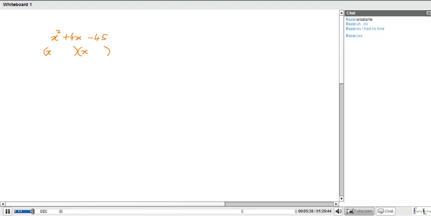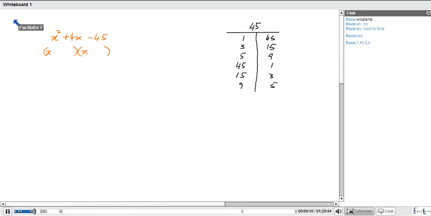So can you list down the factors of 45? 1 times 45, 3 times 15, yes, 5 times 9, and also you can write it the other way around too. 45 times 1, 15 times 3, and 9 times 5.